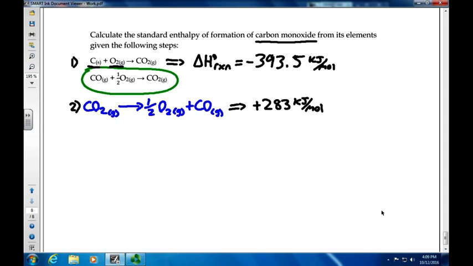So coming back to it, all we have to do, as complicated as that sounds, is simply sum the two heat of reactions. So our true heat of reaction, delta H RXN, is going to be negative 393.5 kilojoules per mole plus 283 kilojoules per mole, considering this a step-based reaction.